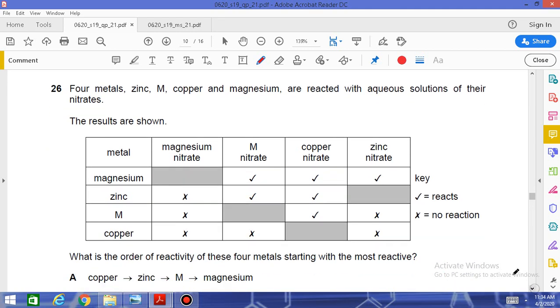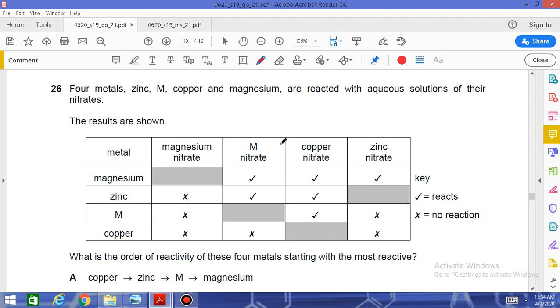Okay, 26. So this is about reactivity series. When magnesium is reacted with M nitrate, there is a reaction. When zinc is reacted with magnesium nitrate, there is no reaction.